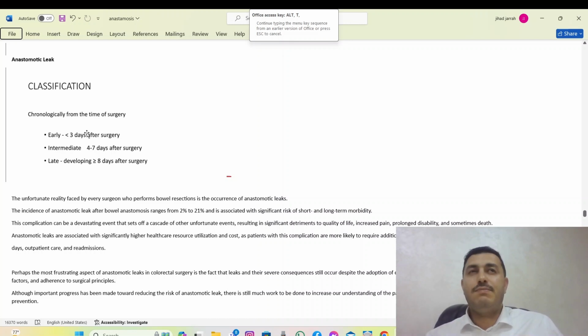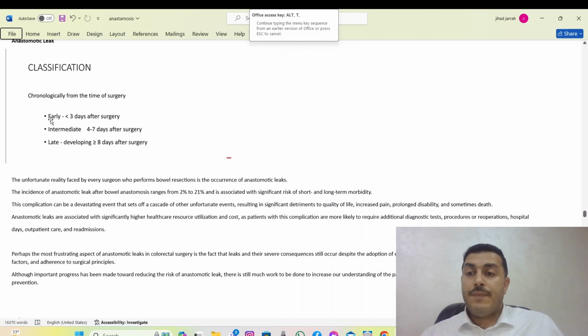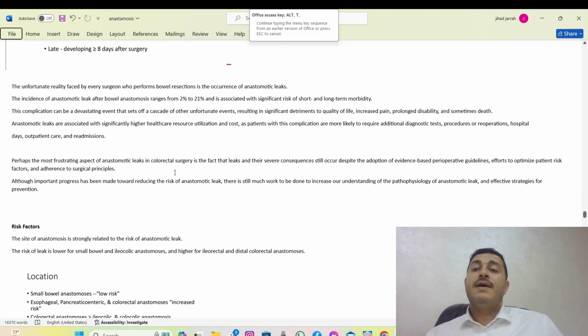This is more correct if we are talking about upper GI anastomosis. Some literature also says that late leak is due to infection of the stapler line. So early is before day 3 and late after day 8, and between them we call it intermediate.